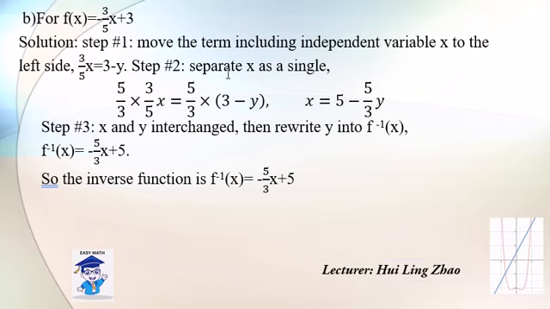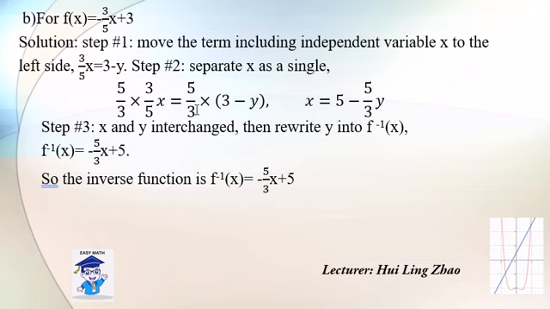Step number 2, separate x as a single term. Multiply both sides by 5 over 3, so you get x on the left side alone, and then it equals 5 minus 5y over 3, because 5 over 3 times 3 is 5. And next is 5 times y over 3, which is negative here.